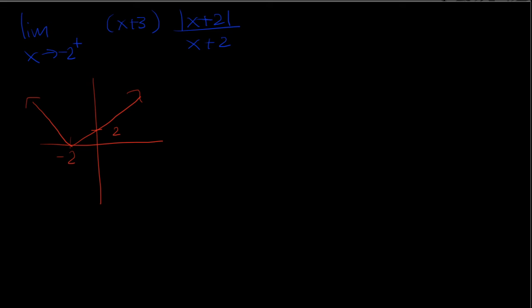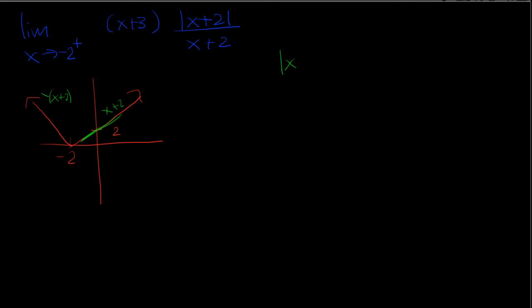And notice at the left, this graph is just the negative part of x plus 2. And this part is just the positive part of x plus 2. So if we're approaching it from the right, we're obviously coming down from this line right here. So the absolute value of x plus 2 is just going to be x plus 2.